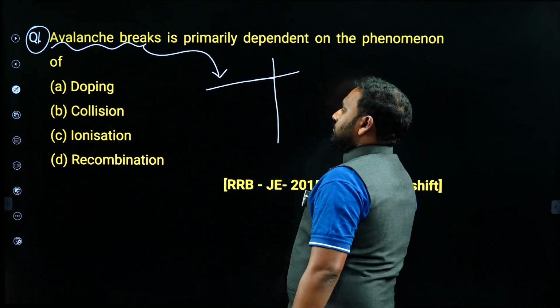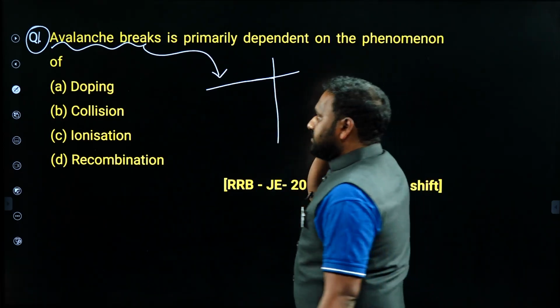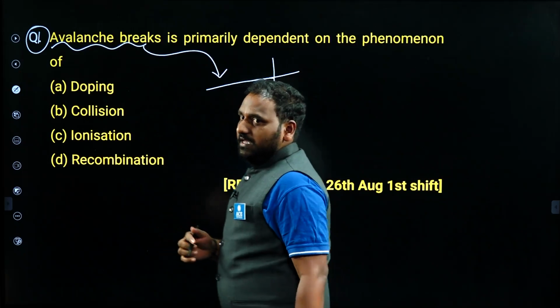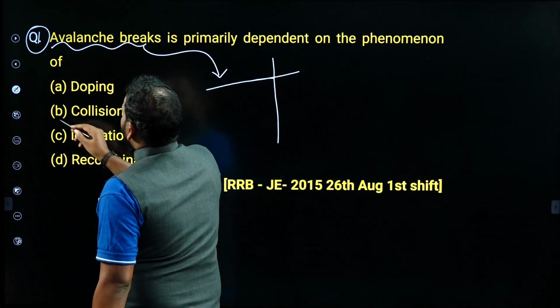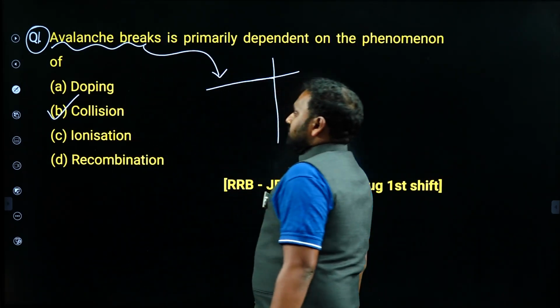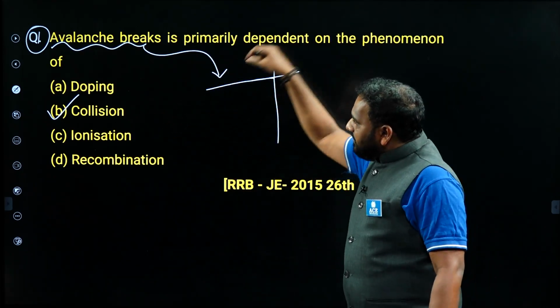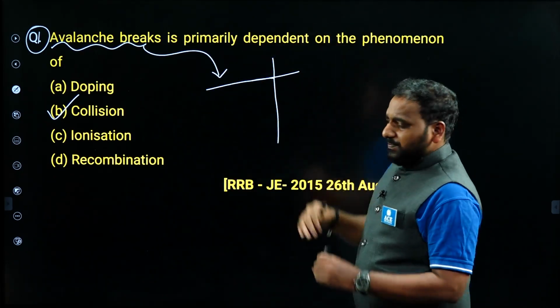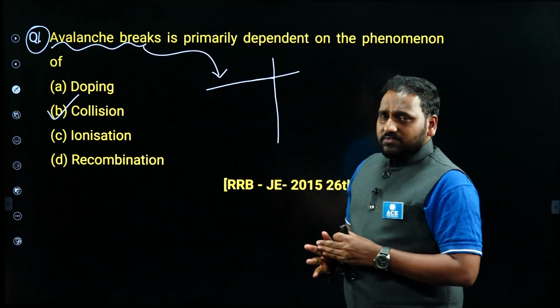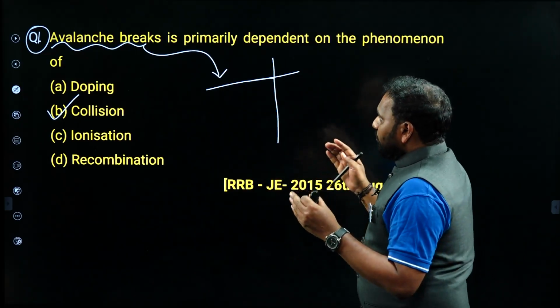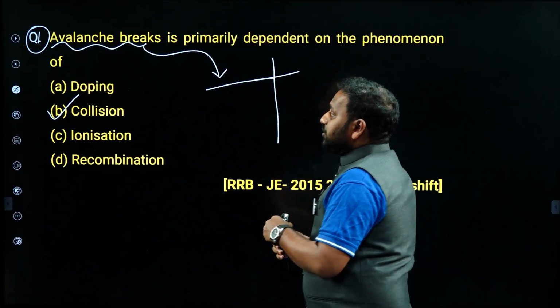Okay, let me give you the answer. Collision is the primary step in the breakdown, strictly speaking, due to the collision of our cumulative effect.